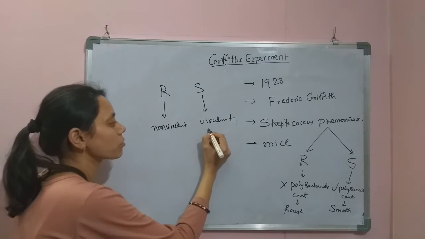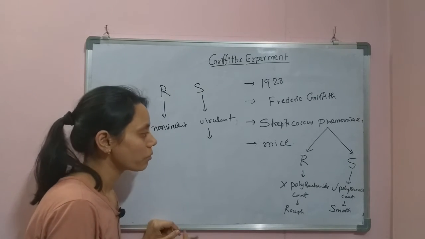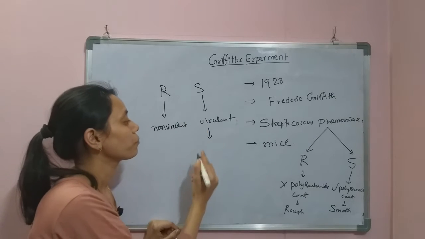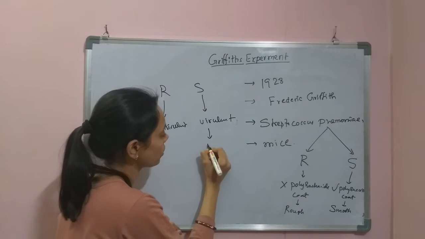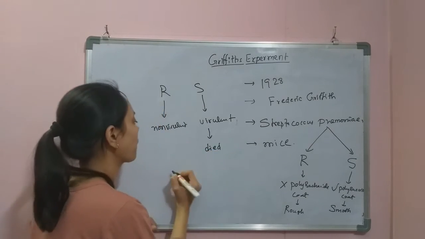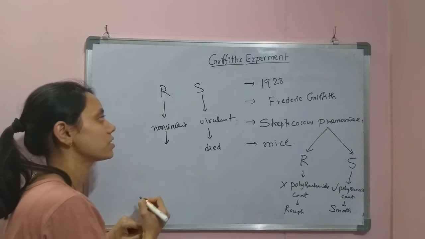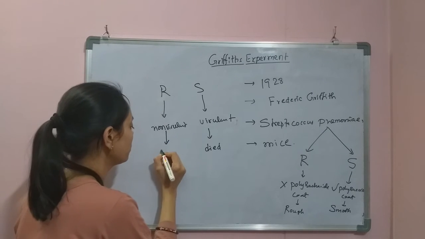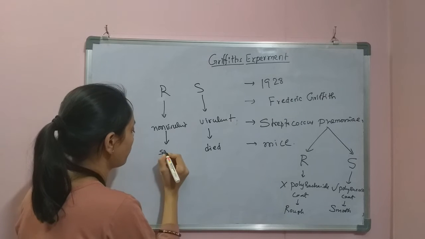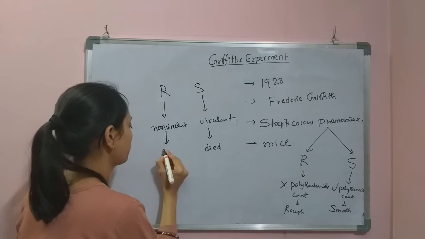So, the mice that is infected with this S strain will eventually die. And the mice that is infected with the R strain will survive or stay alive.